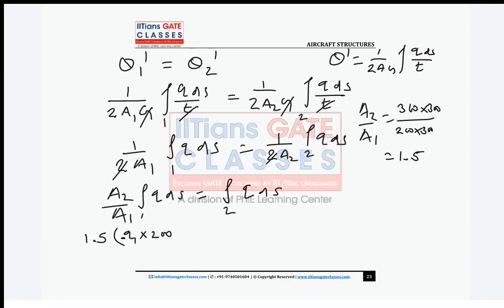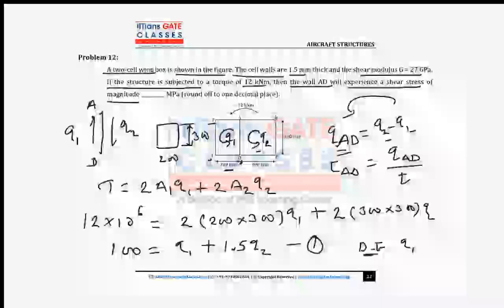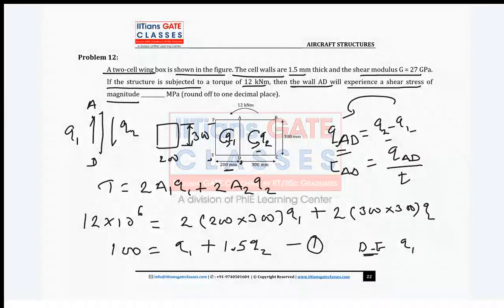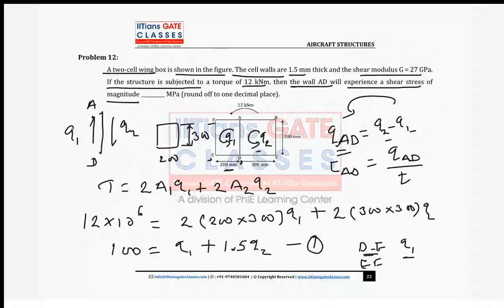Now guys, E to F. What is your shear flow? It is still Q1 and it is minus, so it is minus Q1. What is the length? It is 300. Now we are going F to A. What is the shear flow?